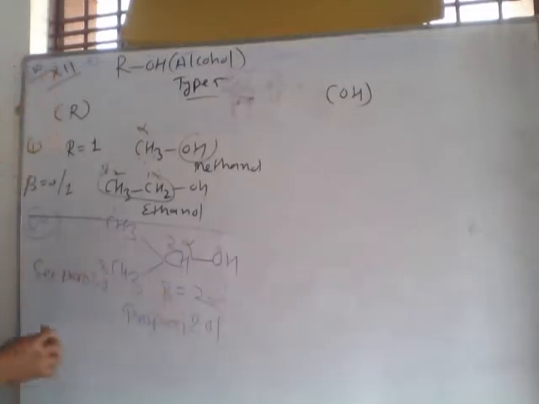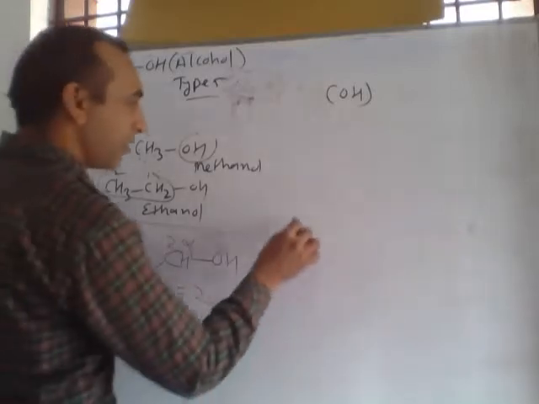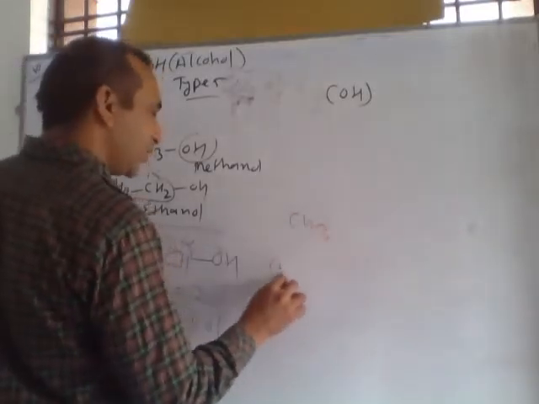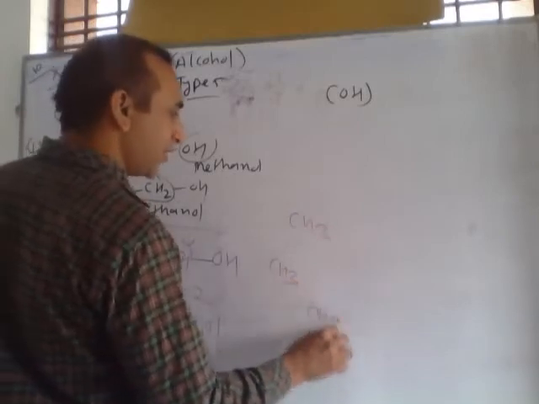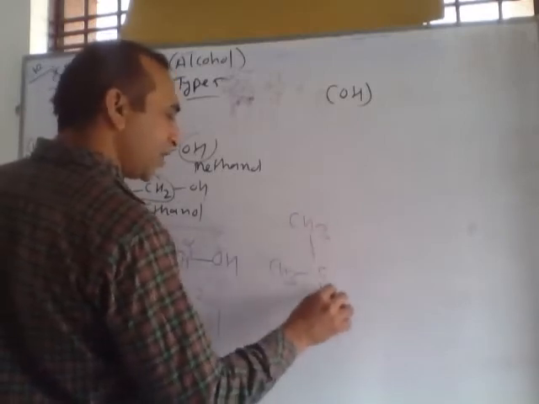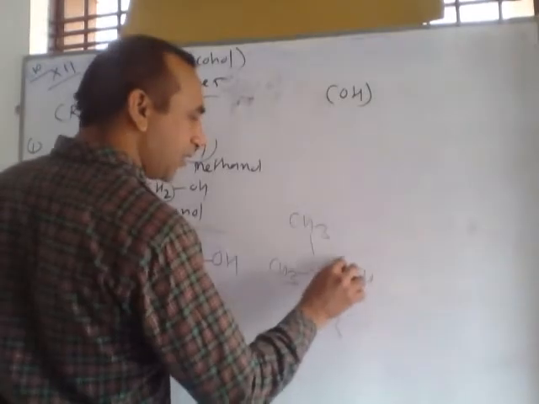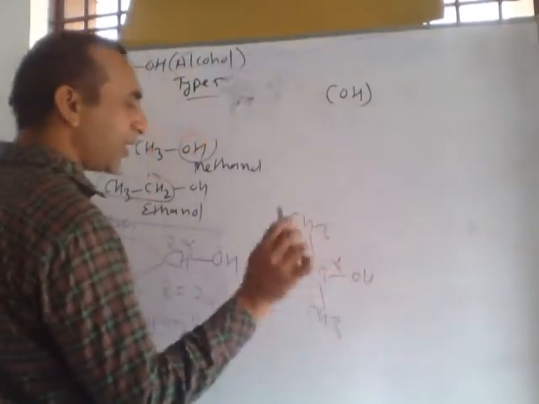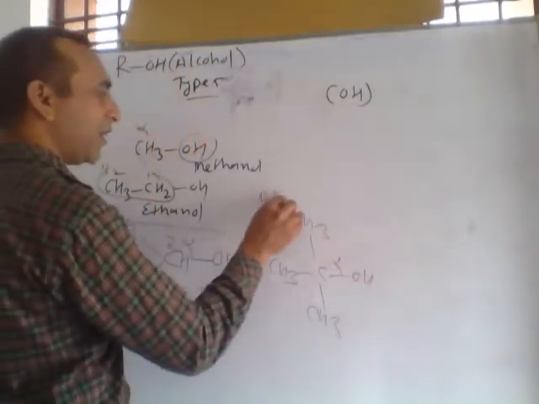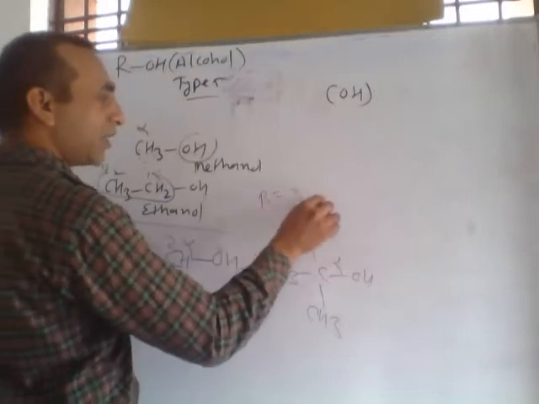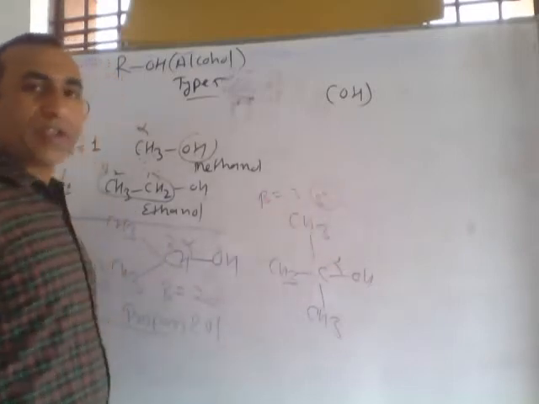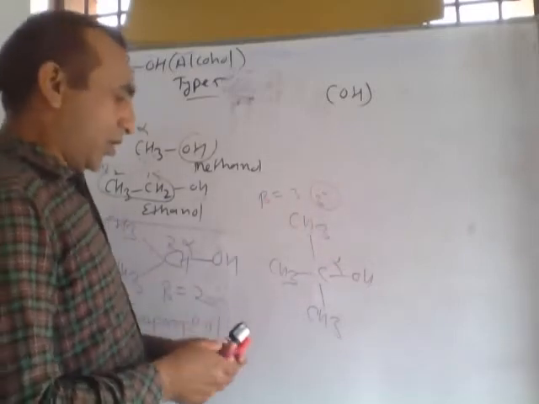Last, in case of tertiary, there will be 3 CH3 here. CH3, CH3, CH3. These 3 CH3 are connected with this carbon. This is alpha, and in this case beta are 3. So if beta carbon are 3, this is called tertiary alcohol.